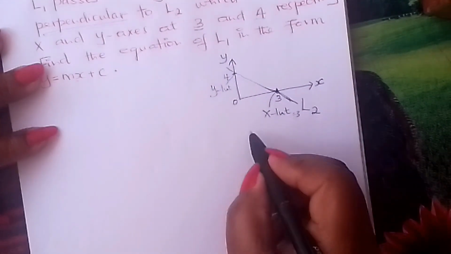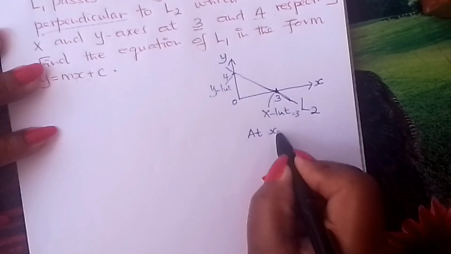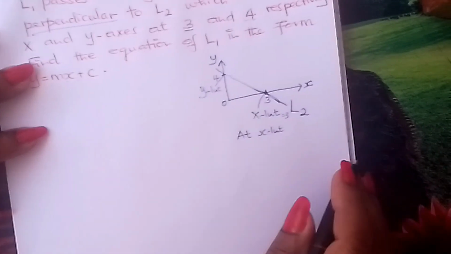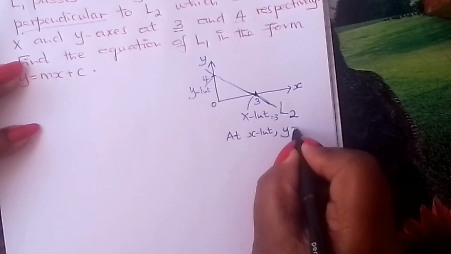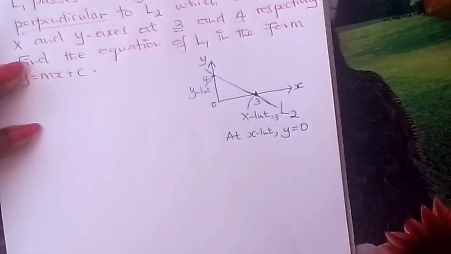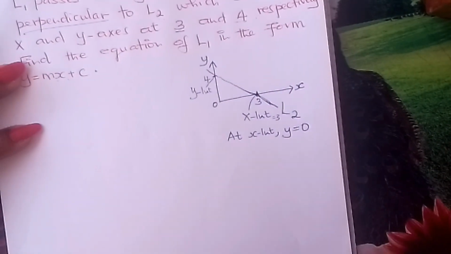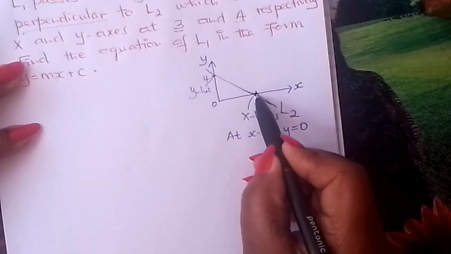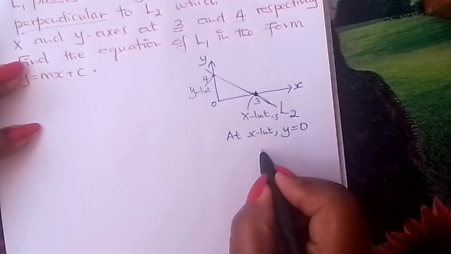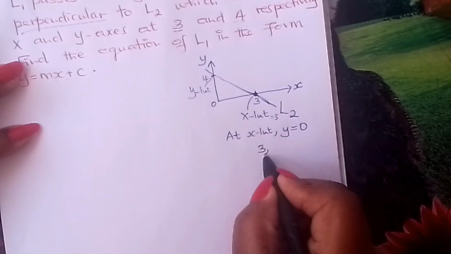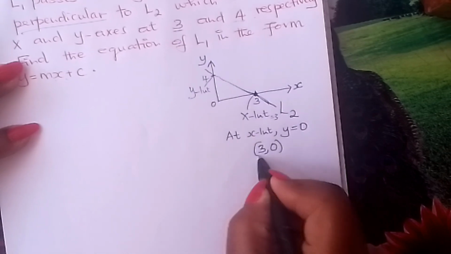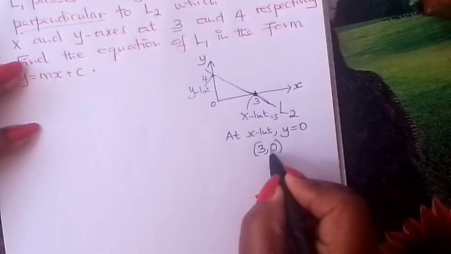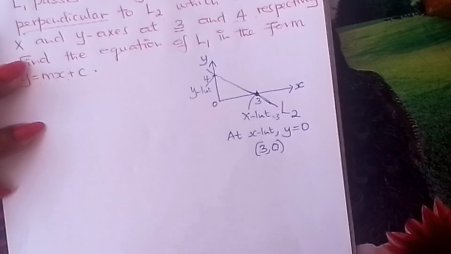The value of y is 0. And therefore, what is this point through which the line is passing? The point is (3, 0). The value of x is 3 and the value of y is 0.